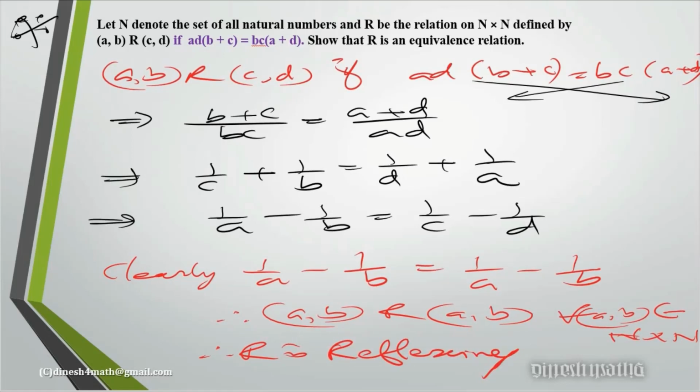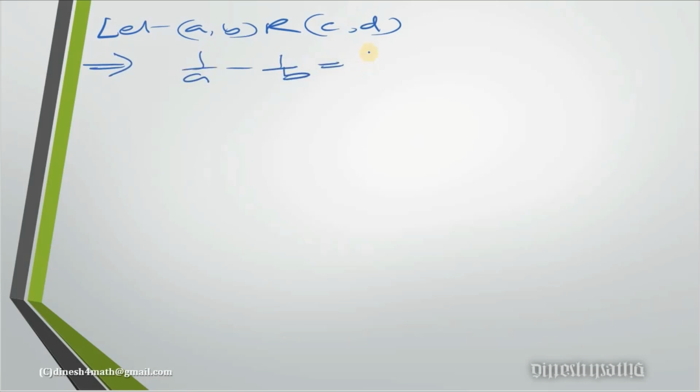Now we'll go for the second part. Second part means I need to prove it is symmetric. Let (A, B) be related to (C, D). So remember the relationship we redefined as 1/A − 1/B = 1/C − 1/D. Now I need to get it as (C, D) is related to (A, B).